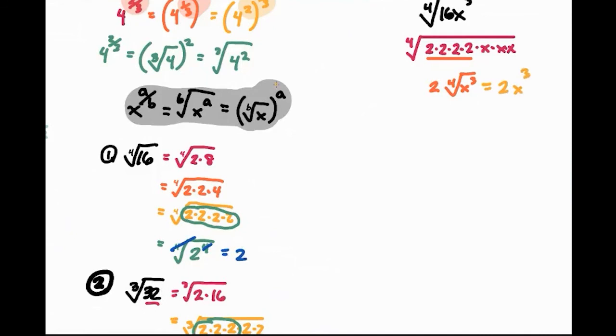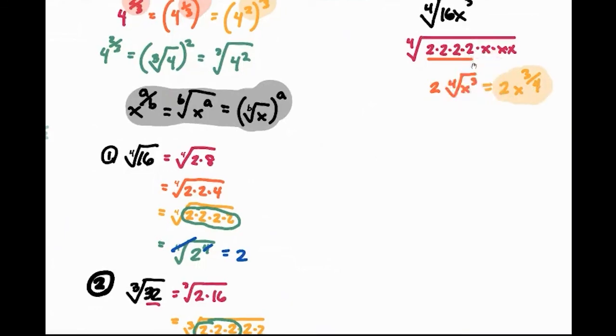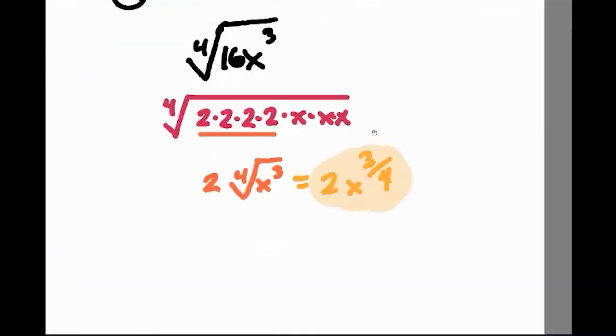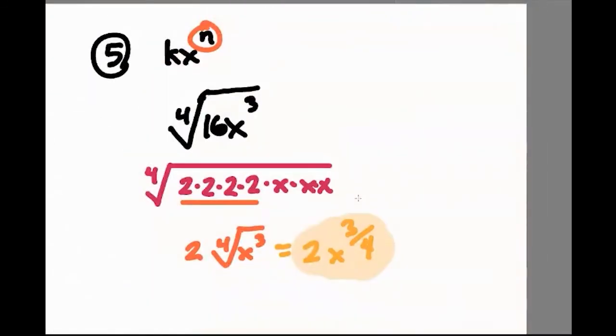It's going to be 3 because that's the a right there. And then we're going to divide it by whatever's on the outside there, which is 4. So it's just going to be 2x to the 3/4 power. Questions on this one?